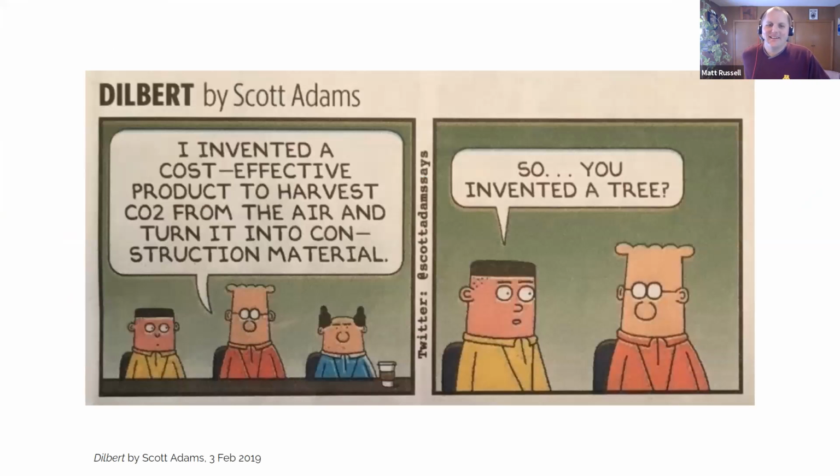Just like this Dilbert cartoon shows the value of trees, everyone, even outside the forestry profession, has understood the value of trees as natural climate solutions. We all know that trees are good for the environment because they take in carbon dioxide from the air and turn it into carbon. That's a valuable thing that trees provide.